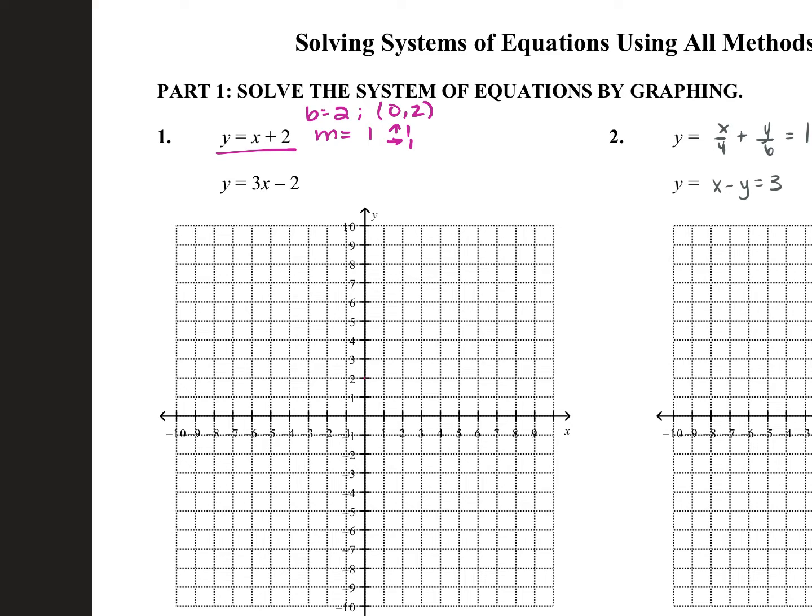So starting at 0, 2, go up 1 to the right 1. You also can go down 1 and to the left 1 to go the opposite direction to get that entire line. Remember, with these, you want to extend that line the entire distance of that coordinate plane.